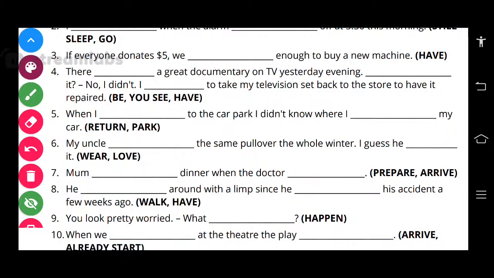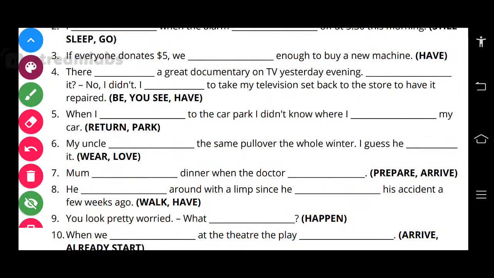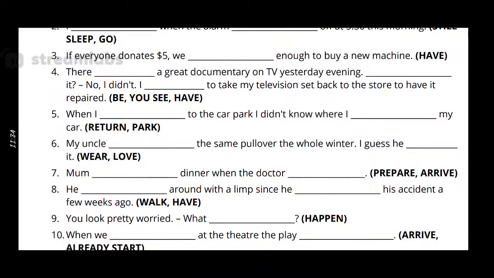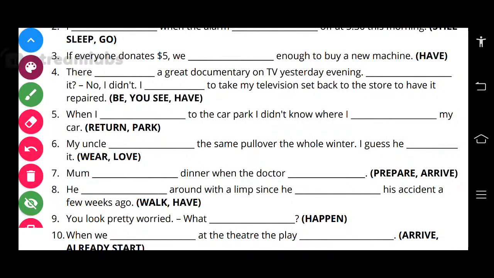"No, I didn't." When do we use such a reply? Suppose someone came and asked you, did you get a new book? If you got it, you can say, I got it. If you didn't get it, you can say, no, I didn't get it. So here the reply is no, I didn't. In the sense, here the listener was asked a question about a completed action.